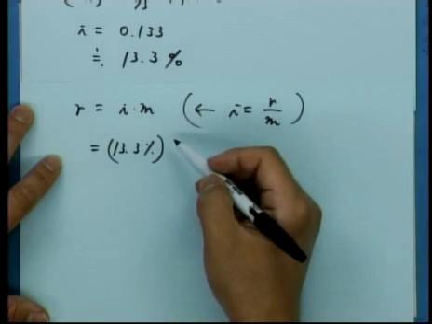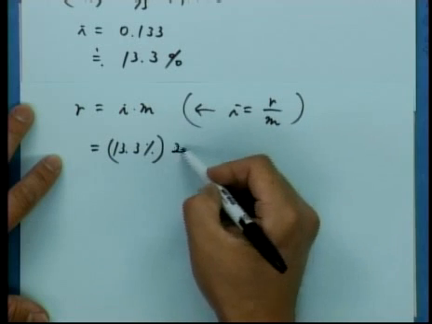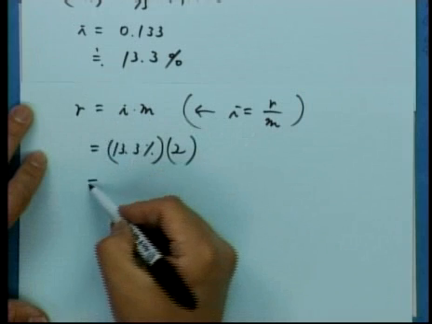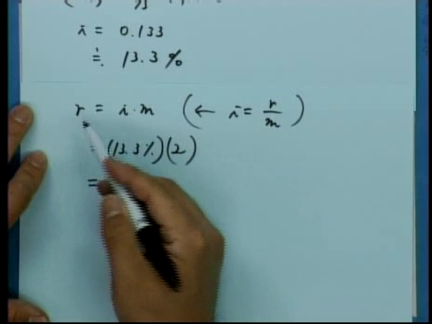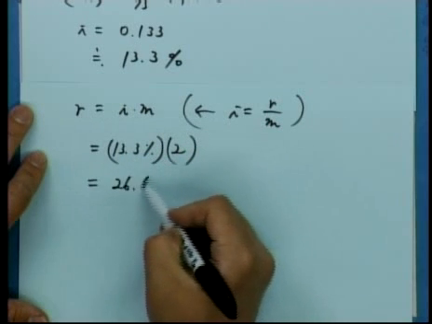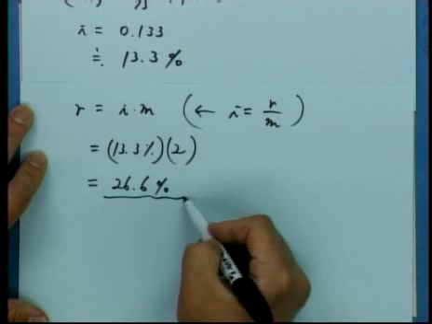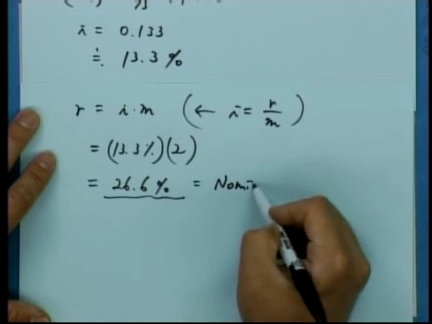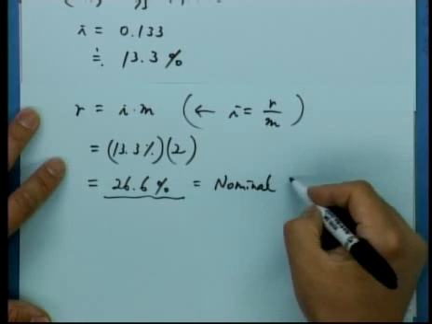Because there are two 6-month periods in a year. So we are using 2 here. So the nominal interest rate r would be 26.6%. Okay? That is the nominal interest rate.